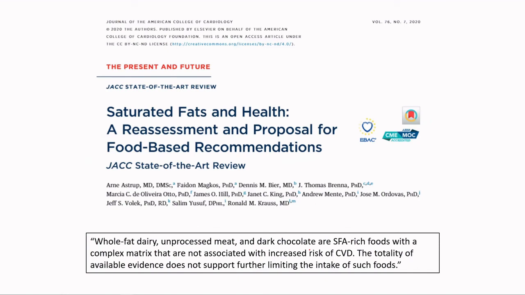This change from macronutrient recommendations to more food recommendations can be underlined in a study that was published 1 year after those guidelines in the Journal of the American College of Cardiology.